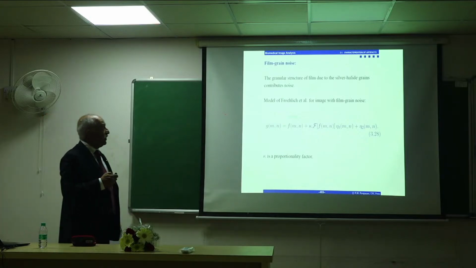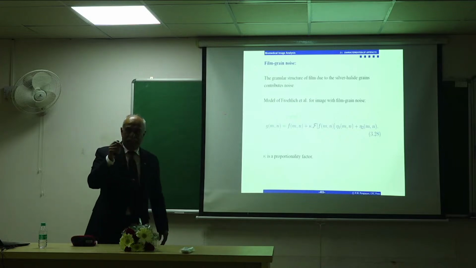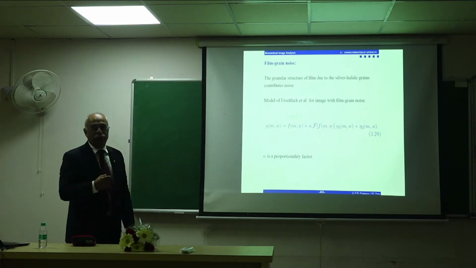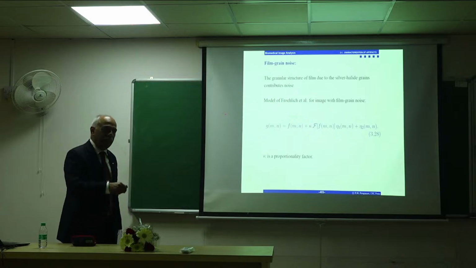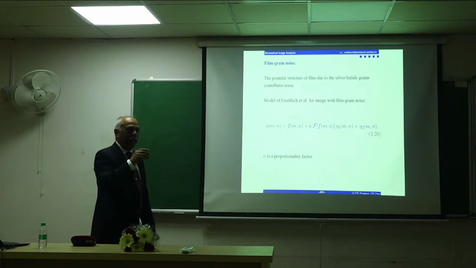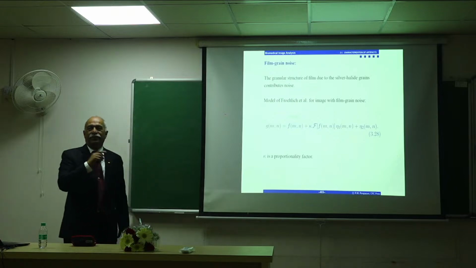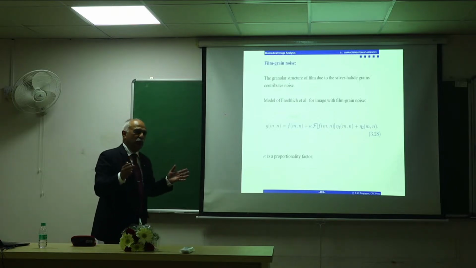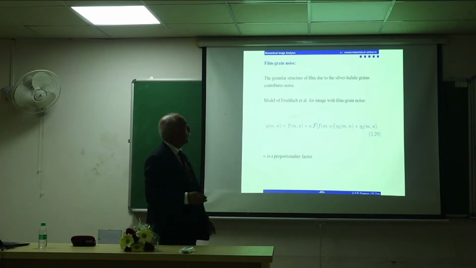The granular structure of film due to the silver halide grains contributes to this noise. The structure of the film itself is not uniform at the level of the resolution you'd scan. If you use poor resolution, you may not encounter that.